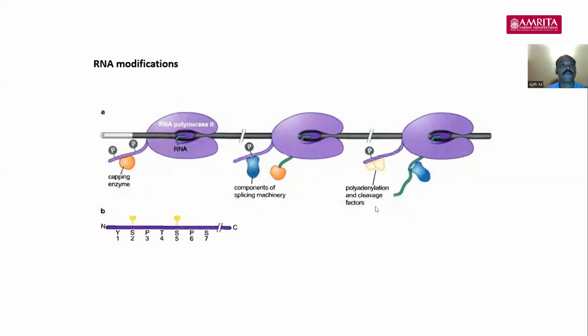Polyadenylation factors get incorporated into the tail, and they are responsible for adding a series of adenines to the tail. So once the transcription is over, all modification is over. That's how we need to understand.